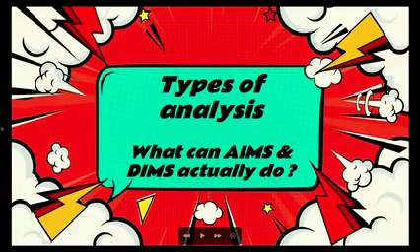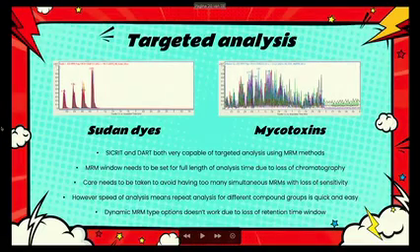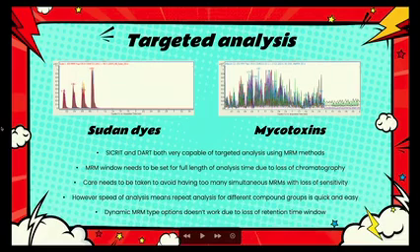So very briefly, the types of analysis, what can AIMS and DIMS actually do now? You can do targeted analysis, and this is where we do what we call MRM screening.